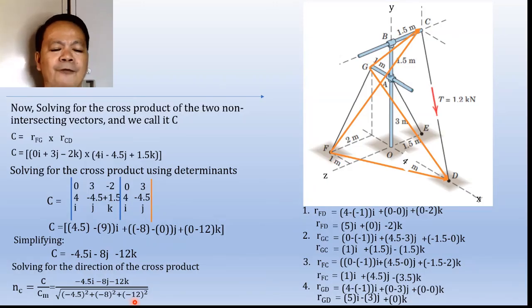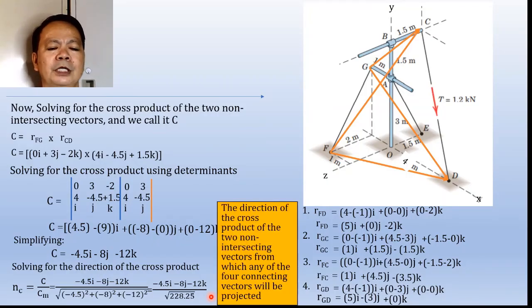And when we simplify, then this becomes equal to negative 4.5i minus 8j minus 12k divided by the square root of 228.25.